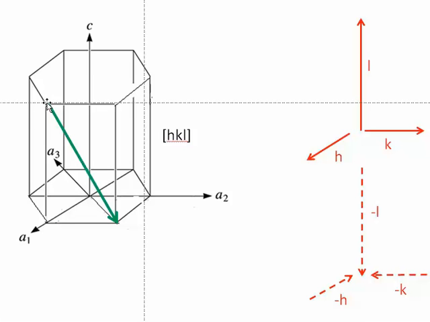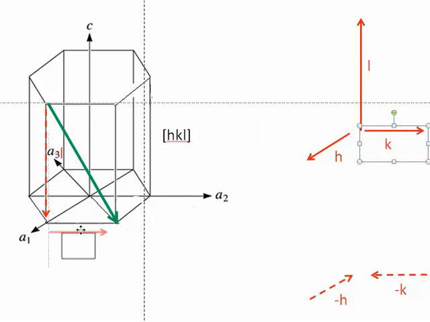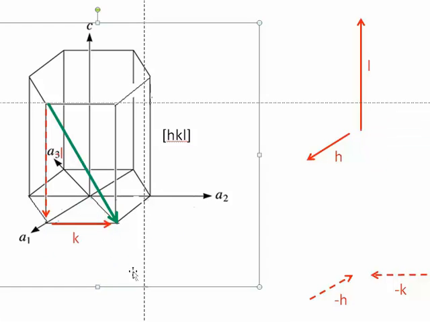Starting at the tail end of the direction, we realize that we must go down in the opposite direction of the L vector, and then once we've reached this vertex here, if we go along the K direction, we should get to our destination.